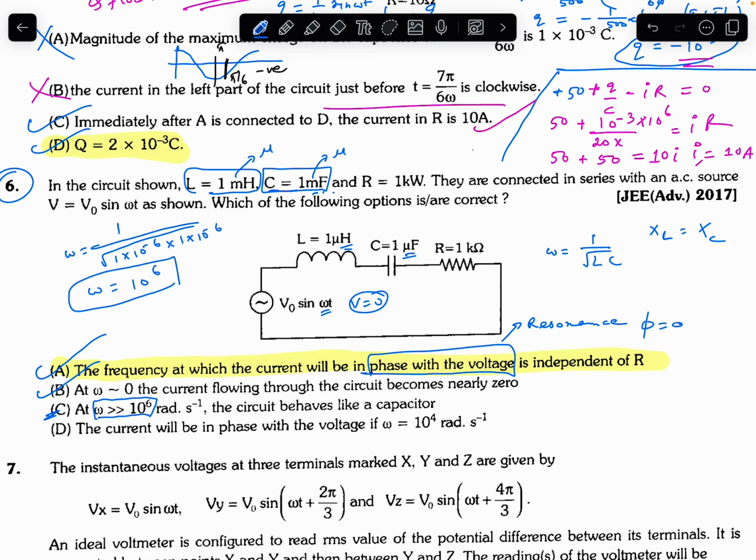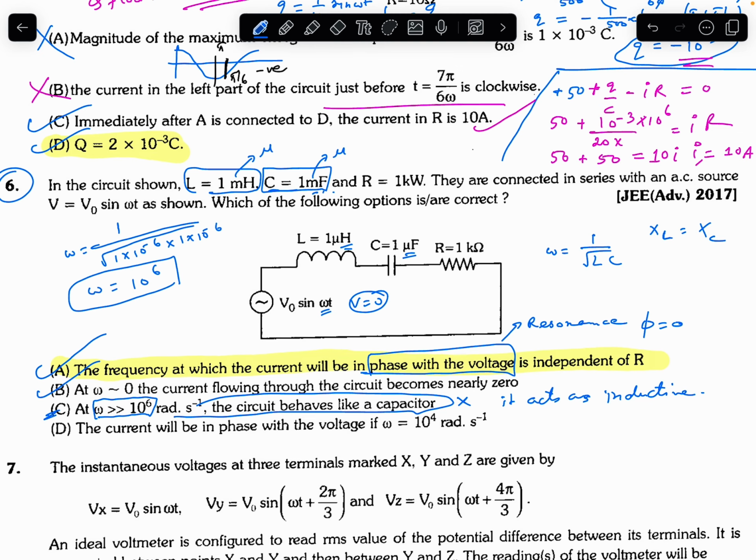So if omega is greater than 10 to the power 6, you know that if frequency is more than resonant frequency, circuit acts as inductive. So here they have given capacitor behaves like this, which is wrong. Correct answer is it acts as inductive, or inductor basically.